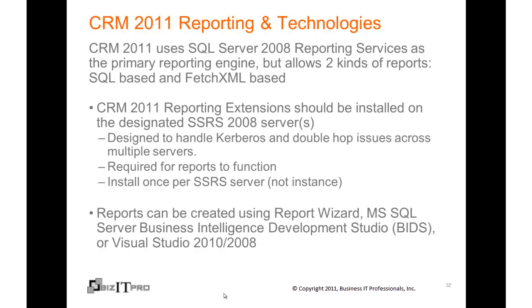This is designed to handle issues related to Kerberos and double hop across multiple servers, and is required for the reports to function. You need to install this once per SSRS server, and you cannot install it multiple times for each instance. For that reason, an SSRS server will only serve up for a single deployment of CRM. You'll need additional servers for additional deployments.